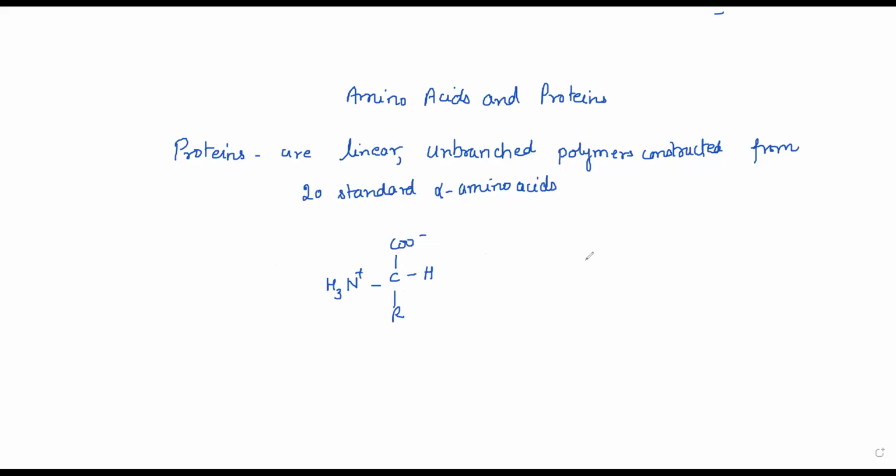Amino acids are composed of an amine group, a carboxyl group, a hydrogen atom, and a distinct side chain, and all are bonded to a carbon atom, that is the alpha carbon, right? This structure is common to all, but one of the alpha amino acids, proline, is a cyclic amino acid, and this is the exception.